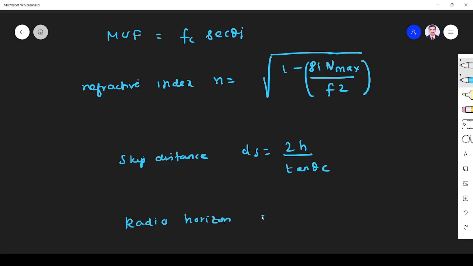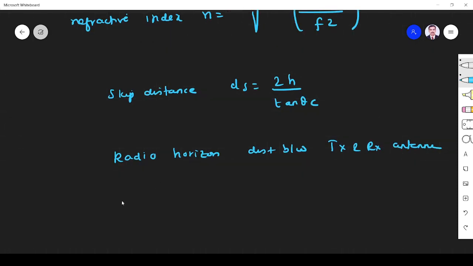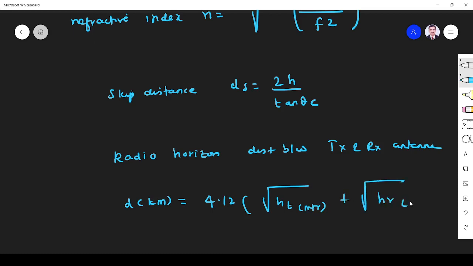The radio horizon distance between the transmitting and the receiving antenna is given in kilometers by 4.12 times root of ht in meters plus root of hr in meters. ht is the height of the transmitting antenna, hr is the height of the receiving antenna. Right? So these are all the things we must know whenever we study about antenna.